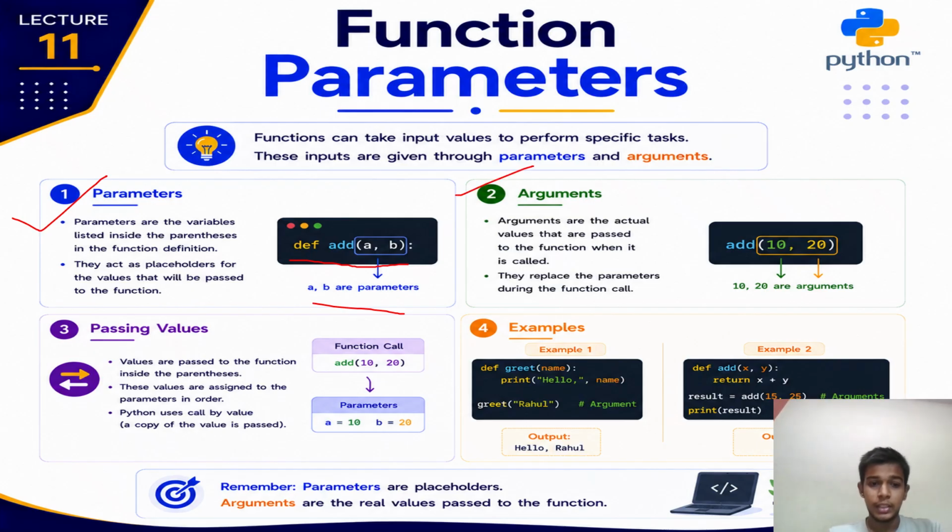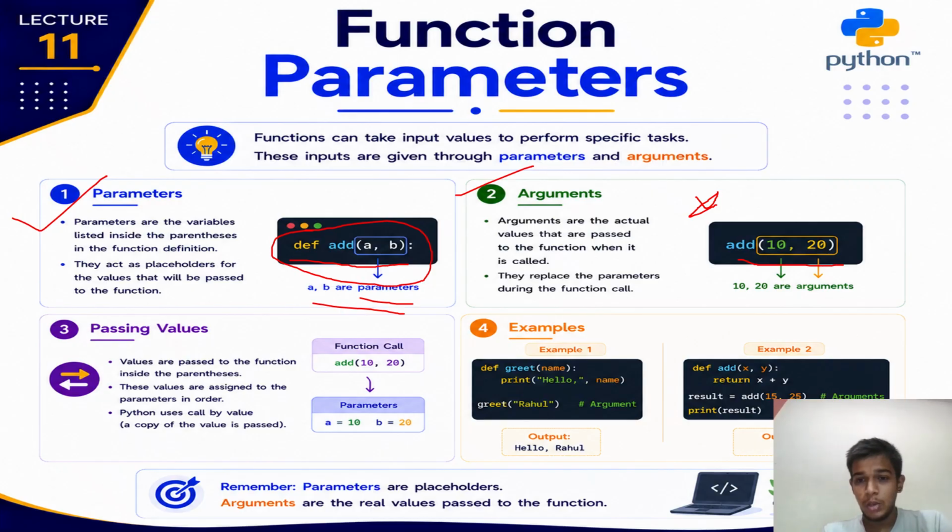You can see here arguments. Arguments are the actual values that we pass to a function when calling the function. For example, you can see here add 10 and 20. Here a and b are written. These are parameters, and when we call this function, we pass the values 10 and 20.